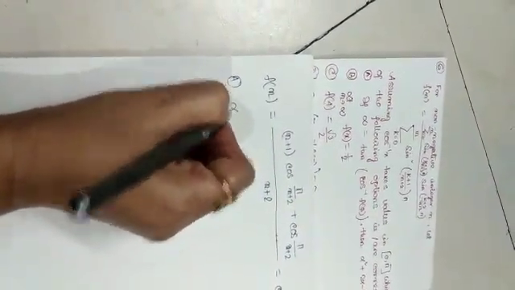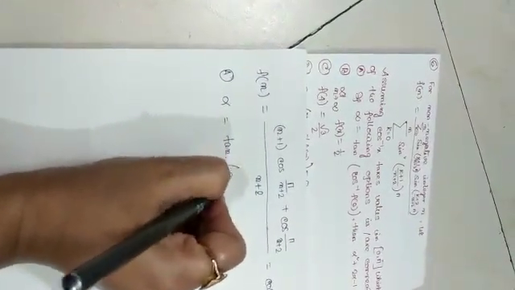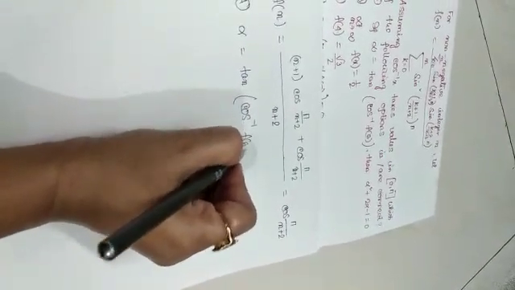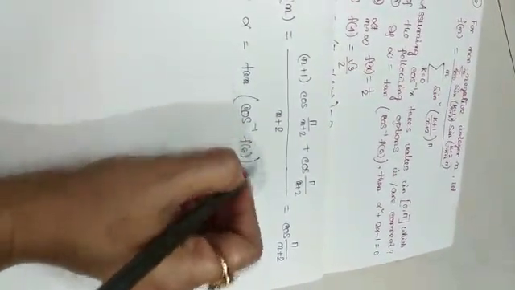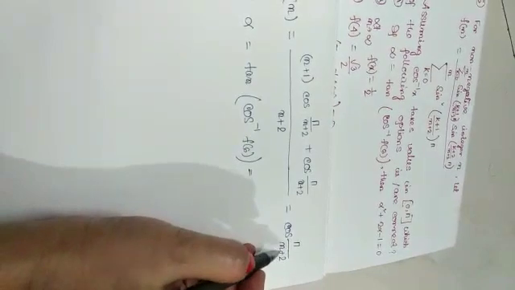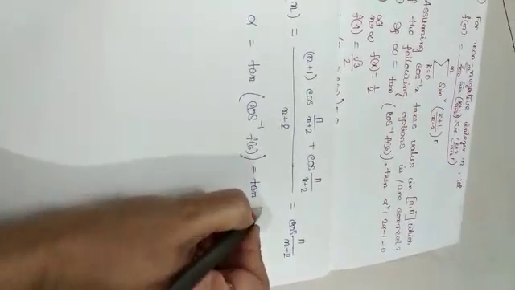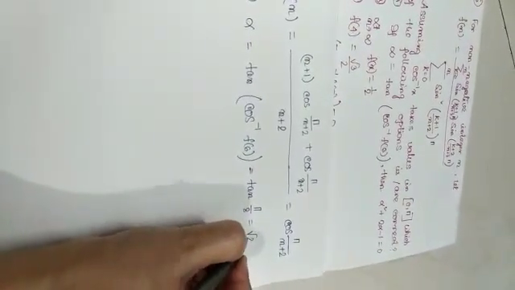Therefore alpha is equal to tan of cos inverse f of 6, which is tan of pi by 8, that is root 2 minus 1.